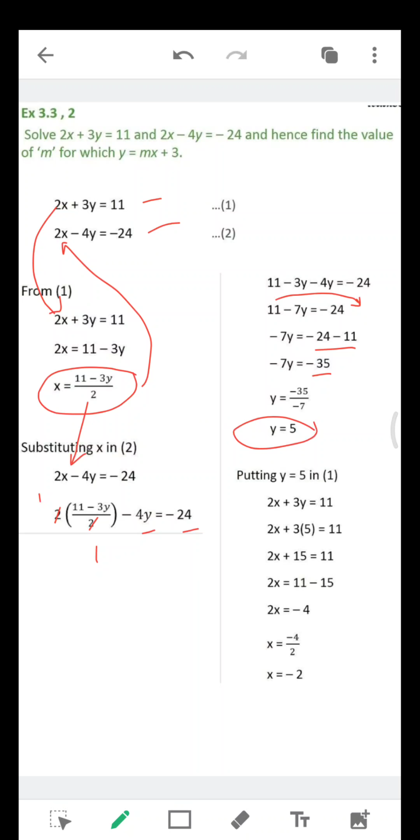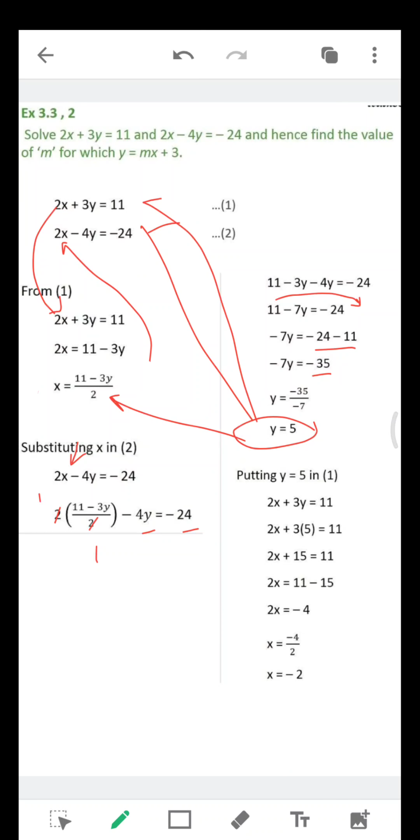How to find the value of x? You can substitute this value of y in any one of these three equations. Now putting the y value in equation number 1, let's see how we get the value of x.